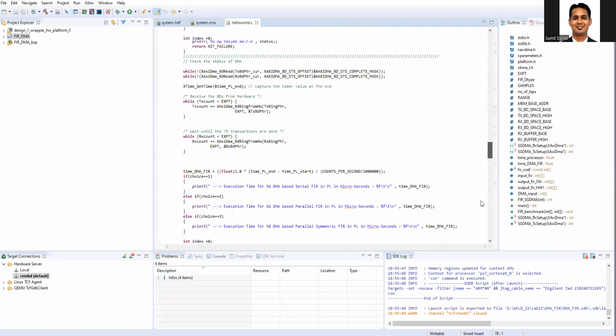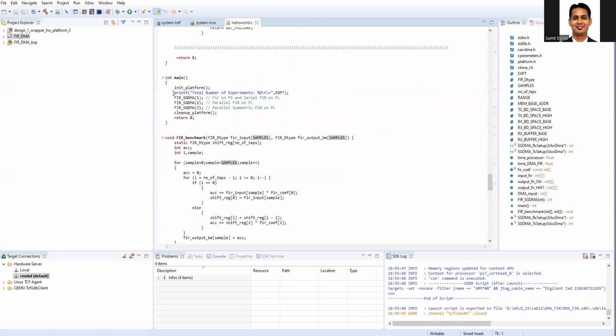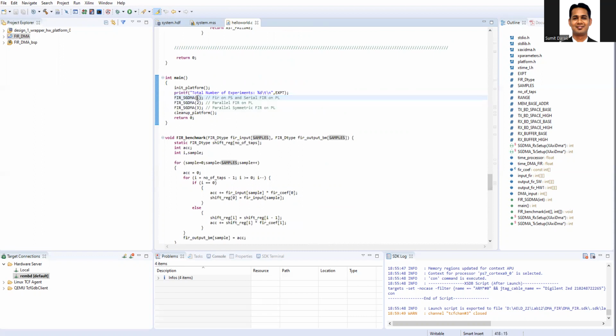Then, quickly looking at the main code to understand what we are going to do. We are going to call this function three times, and we are going to pass the corresponding input 1, 2, 3. 1 indicates that we are going to run the FIR filter on the processor, and we are going to enable the DMA which is connected to the FIR filter implemented in the serial fashion.